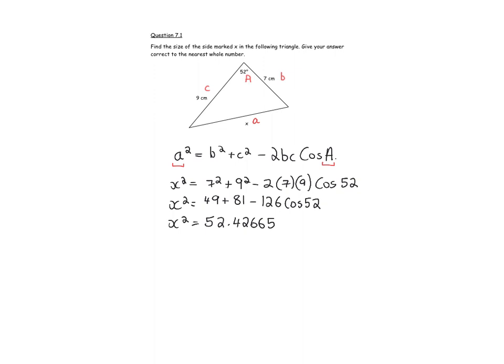Then that's what x squared is. We need to figure out what x is, so we get the square root of 52.42665. Then when you type that into your calculator, you're going to get an answer of 7.2406. Then give your answer correct to the nearest whole number. This is going to be x is equal to 7 centimeters.